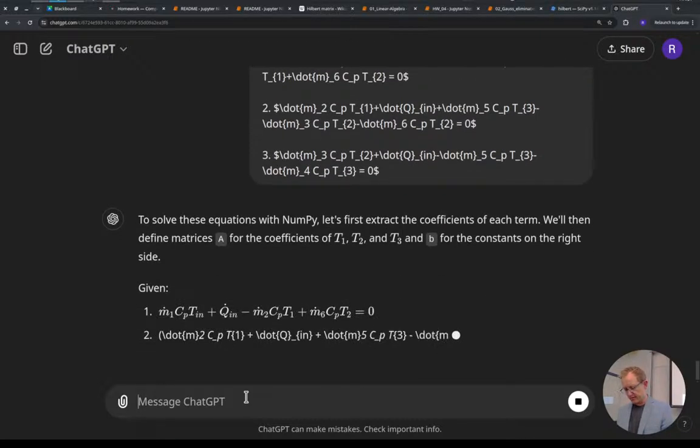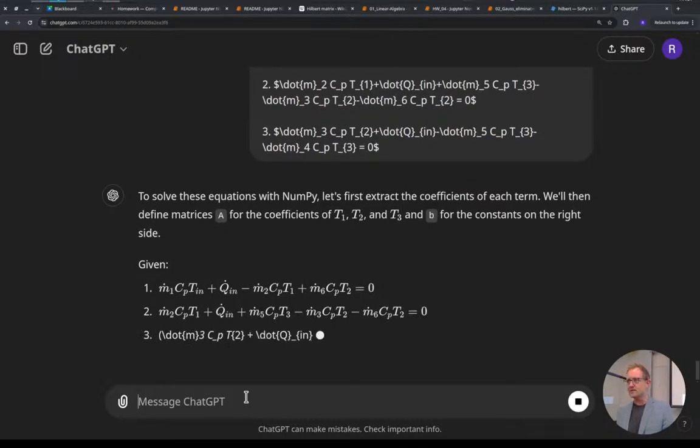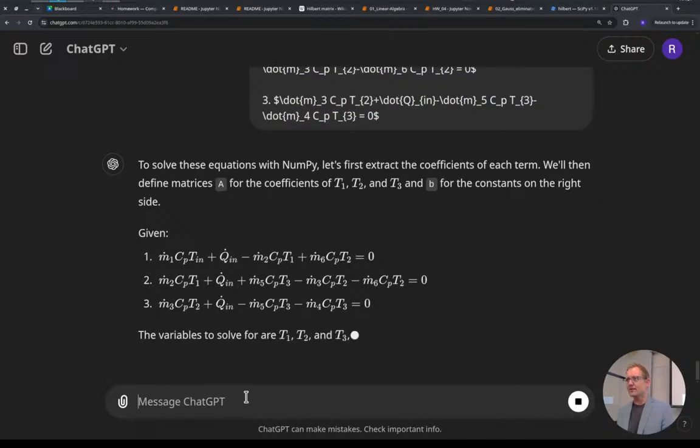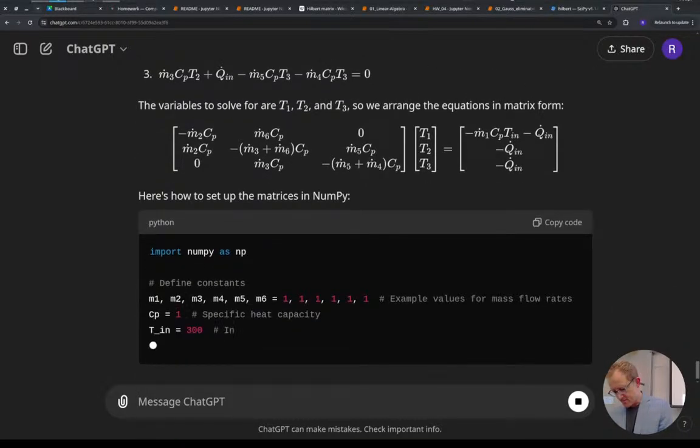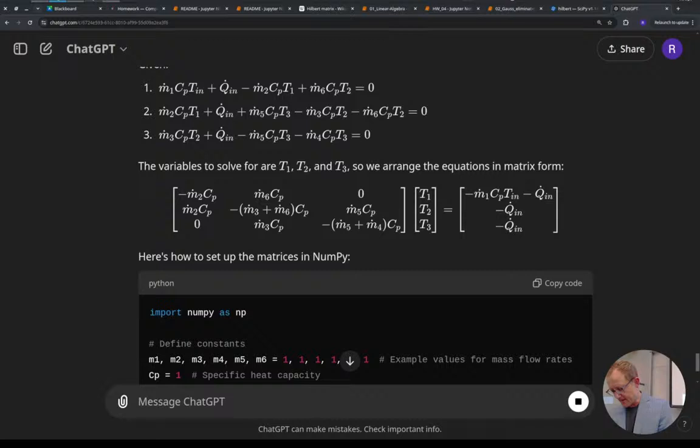Ooh, look at that. Even identified T1, 2, and 3 as my output vector. Rearrange in the matrix form. What? Look at that. That's pretty good. I didn't know whether or not it would pick up that it had to bring over those Q-ins and the M dot times T-in. And it just did it.